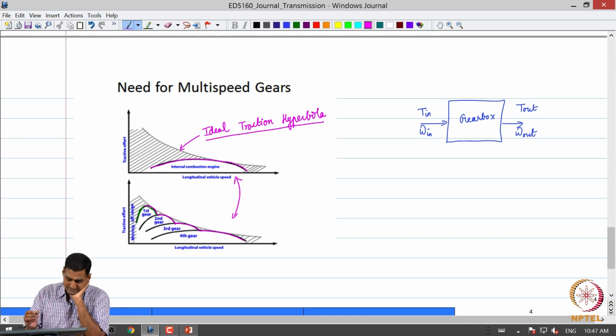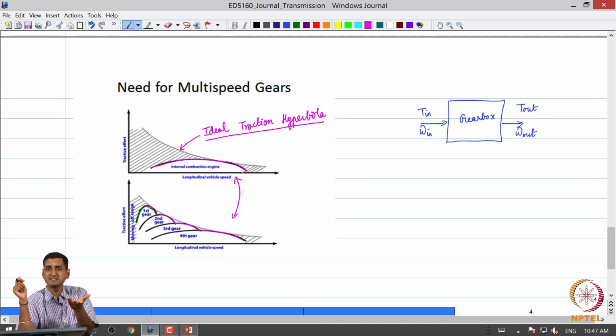However, we still have to solve one more problem. So this is the philosophy behind how a multi-speed gearbox essentially addresses this mismatch between the engine characteristics and the ideal traction hyperbola. Of course, who changes the gears?